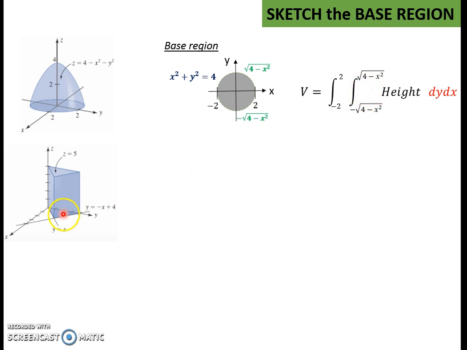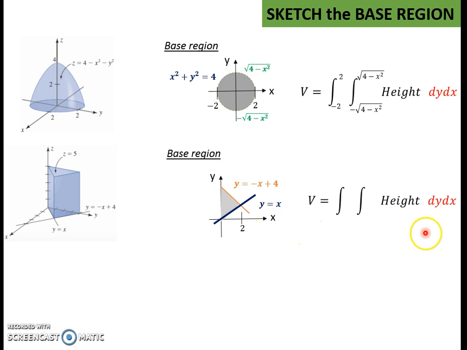Alright, so for the second object, again, we also have a very obvious base. So what I will do is sketch out the base region first. From the base region, I can also find the integration limit for my dy dx. Again, for the dx here, it should be the exact value, and this exact value runs from 0 to 2.